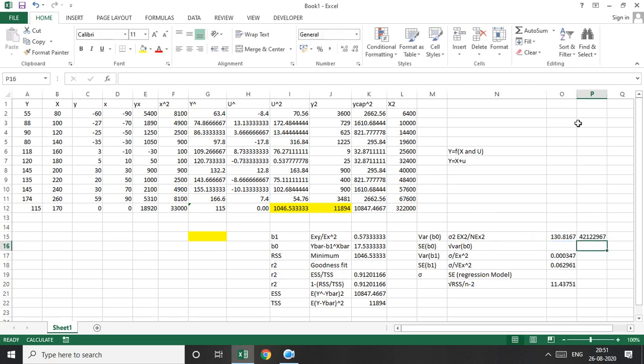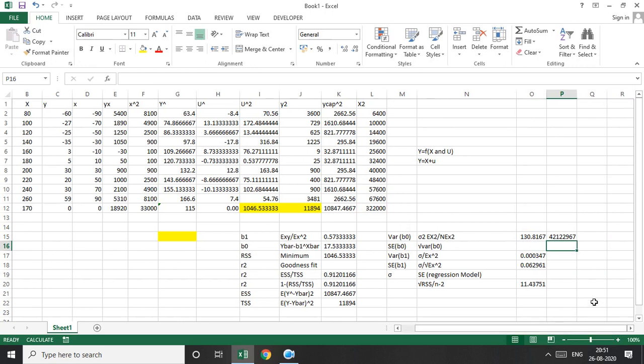So very big values, but no problem. Then you find n into sigma of x squared, where n means 10, 10 into about 33,000. Now we can find out: this is equal to this divided by this.